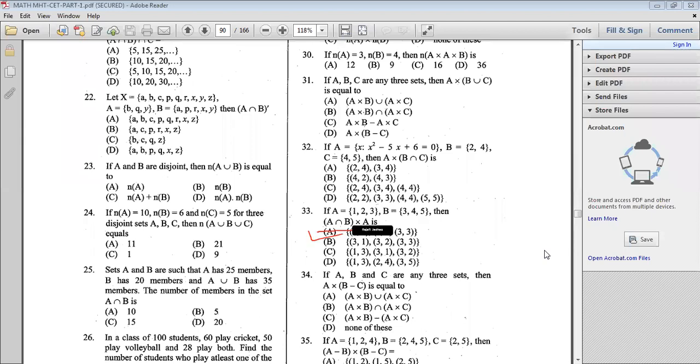B is given 3, 4, 5. Then calculate A intersection B cross A. That is the first option.